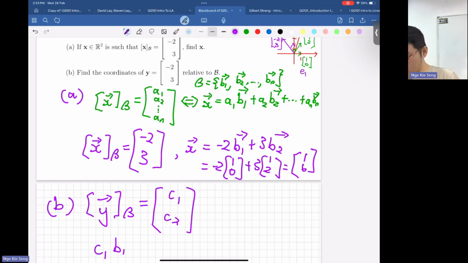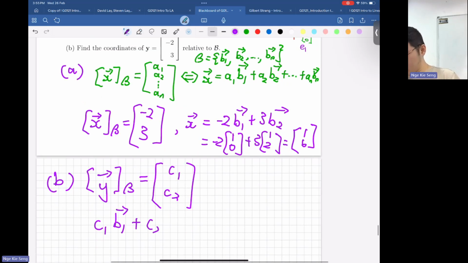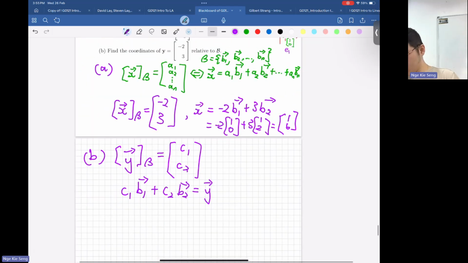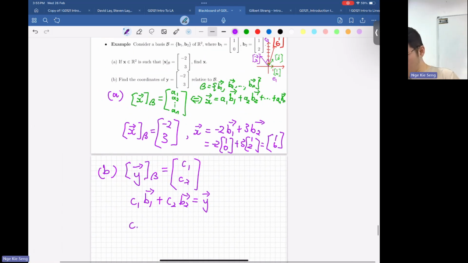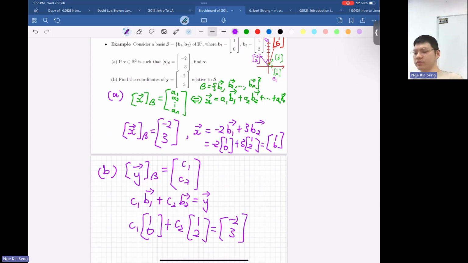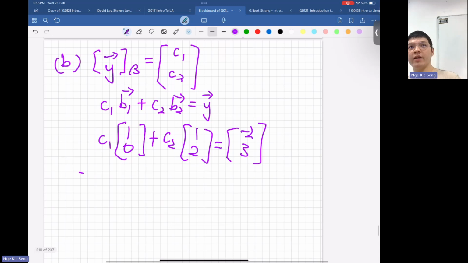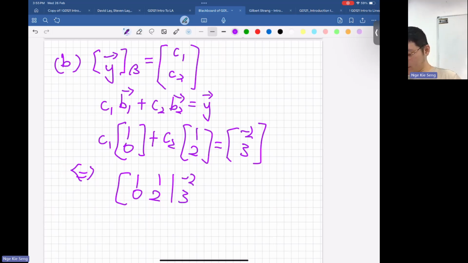So C1 times B1 plus C2 times B2 should equal -2, 3, which we call Y. We know B1, we know B2, and we also know Y, so we solve this. To solve this, again you use an augmented matrix: 1, 0, 1, 2, and then -2, 3. So you solve this. What do you get?